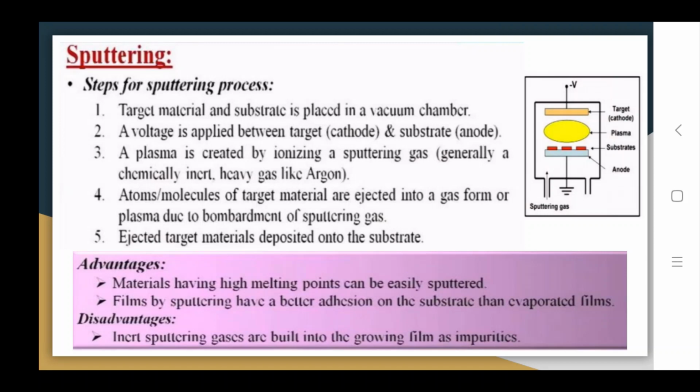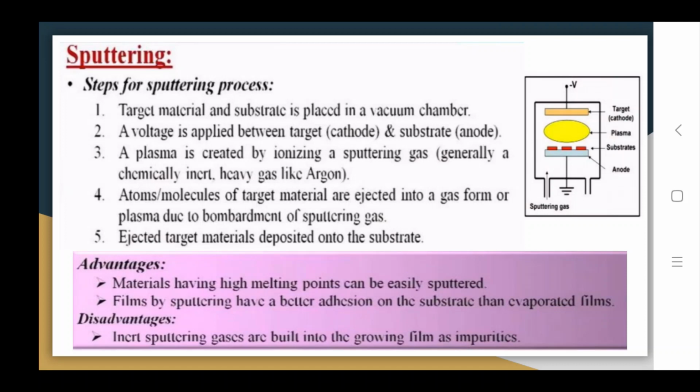Due to that, atoms or molecules come directly from the source material and are deposited onto the substrate. That is why it is called the sputtering technique. For efficient momentum transfer, the atomic weight of the sputtering gas, like argon or neon, should be close to the atomic weight of the target, otherwise a little difficulty occurs.